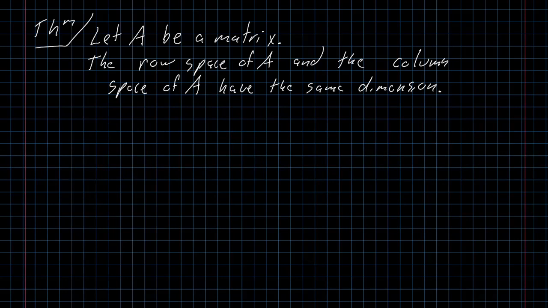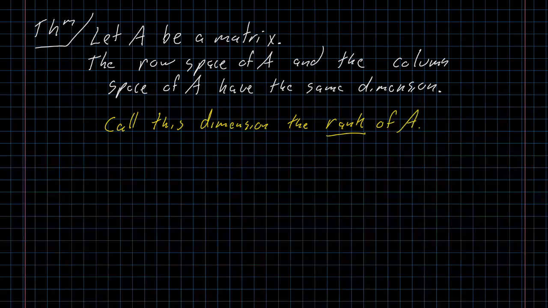Let A be any matrix. The row space of A and the column space of A have the same dimension. We're going to call this dimension the rank of A, and often we're going to write it in function notation, rank of A, like that.